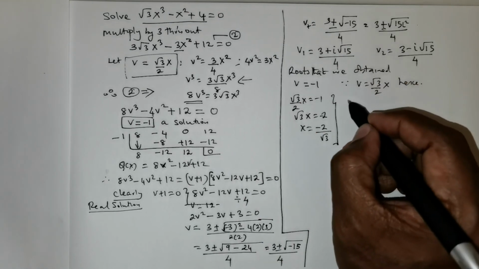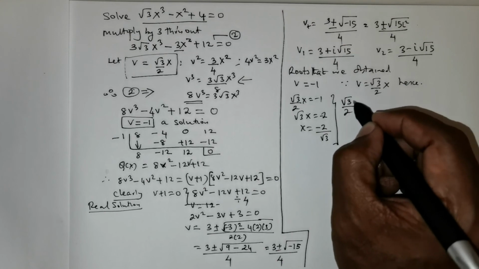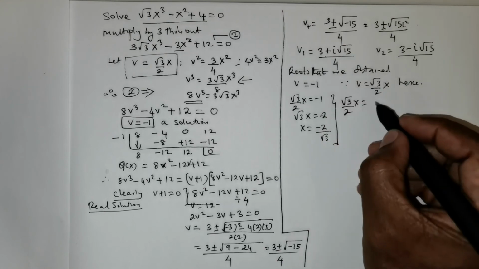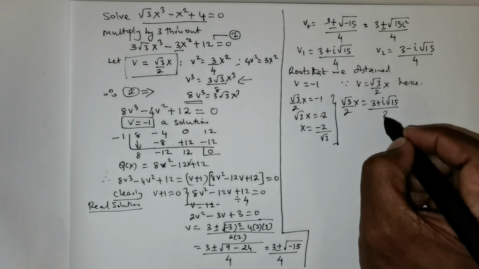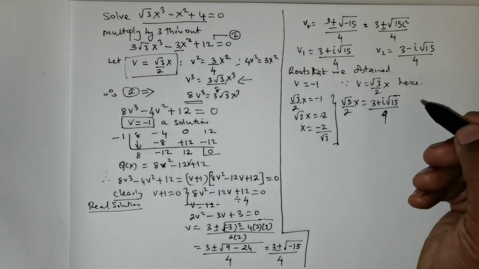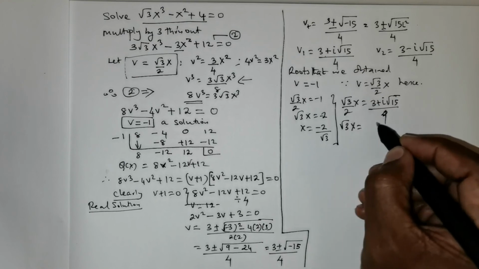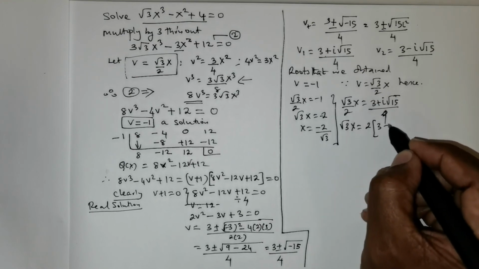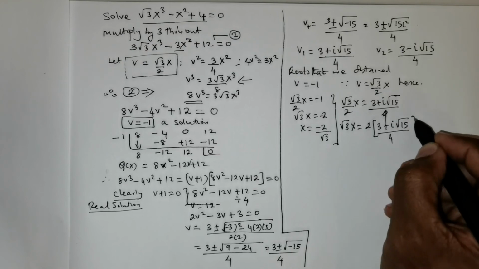The next one is to substitute the value of V. So root of 3 over 2 times x is equal to, this is another root, 3 plus i times root 15 divided by 4. So this can be rewritten as root of 3 times x is equal to 2 times 3 plus i times root 15 over 4.